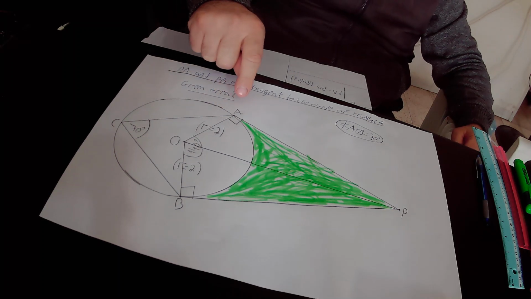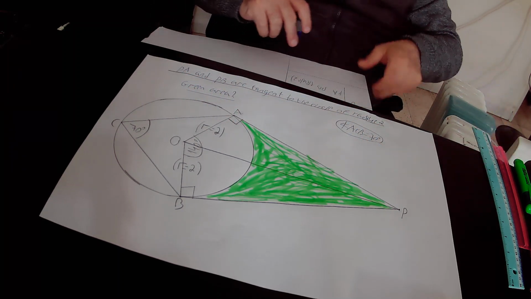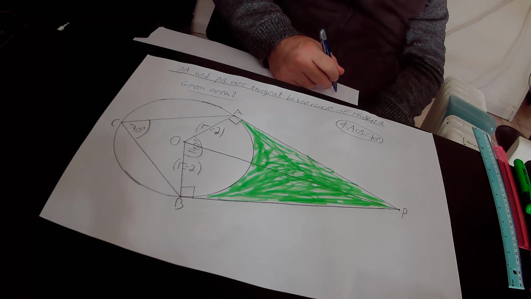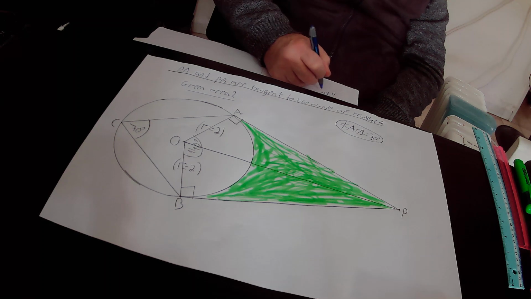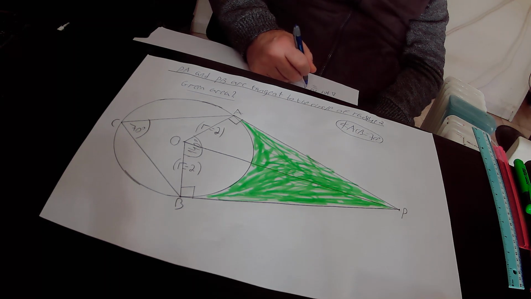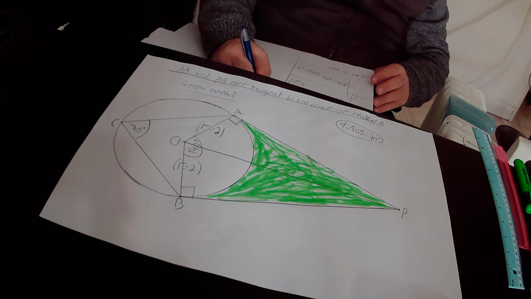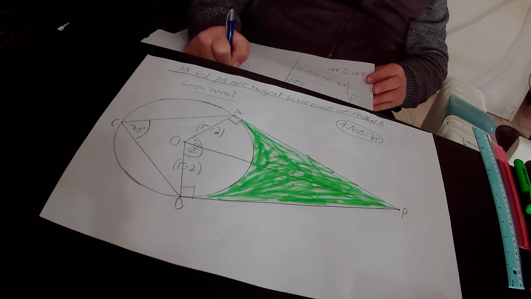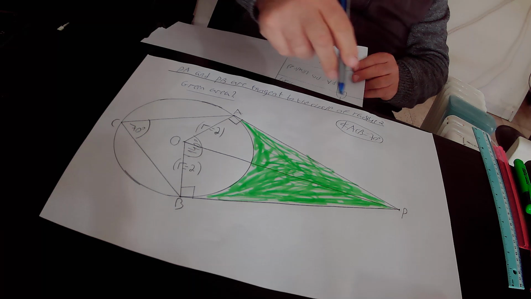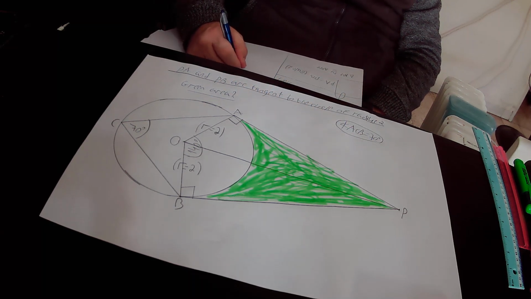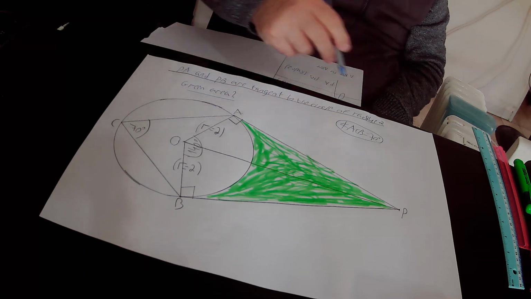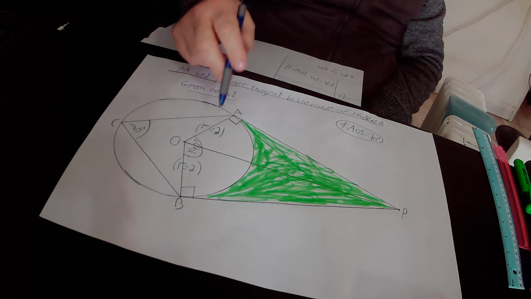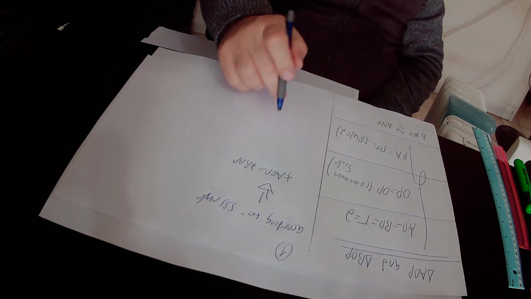That is to say, angle AOP in the right upper triangle AOP is equal to angle BOP in the right lower triangle BOP. Angle AOP equals angle BOP.